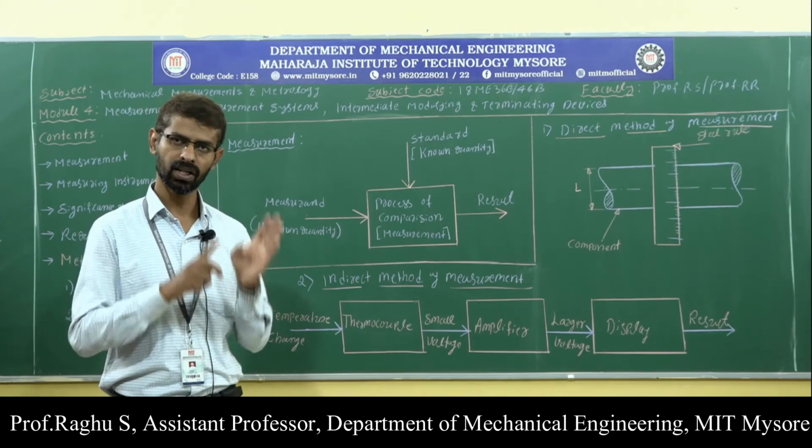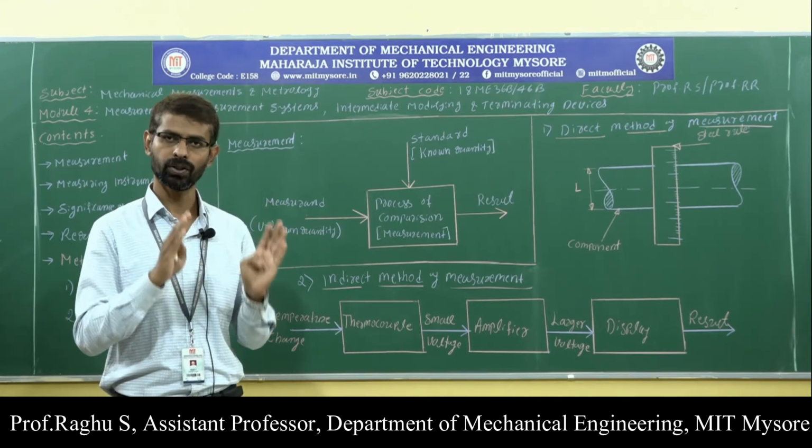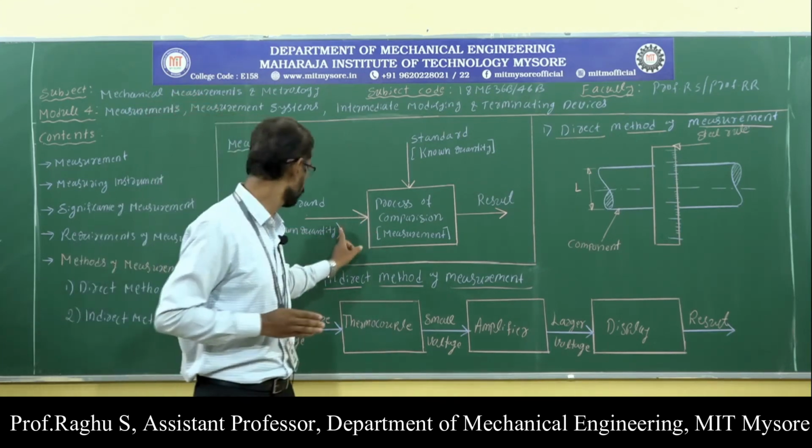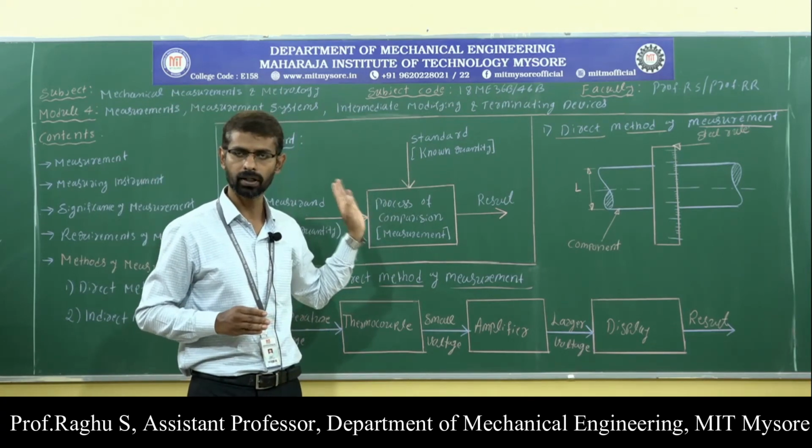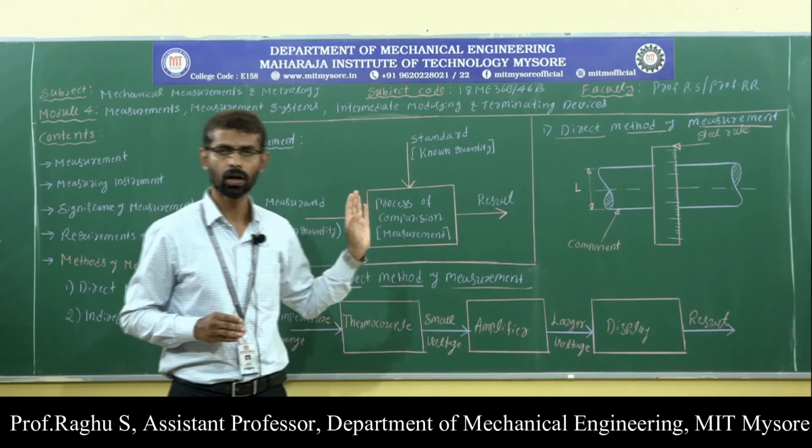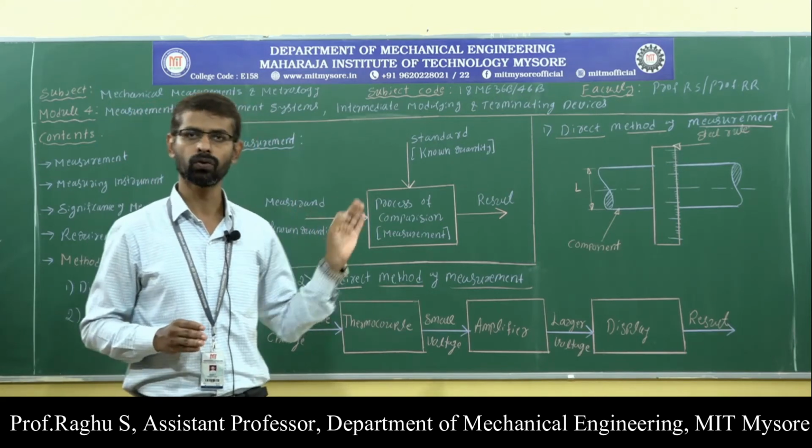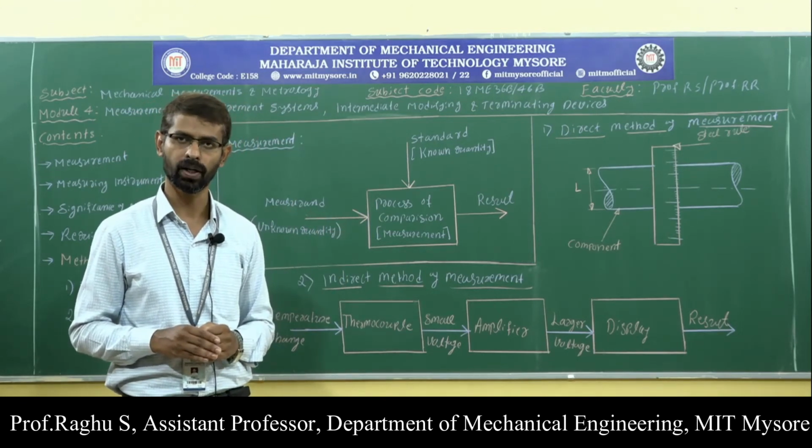So far we have discussed the definition of measurement. Measurement is nothing but the process of comparison of an unknown physical quantity with a known physical quantity. The device used for the measurement process is called a measuring instrument.